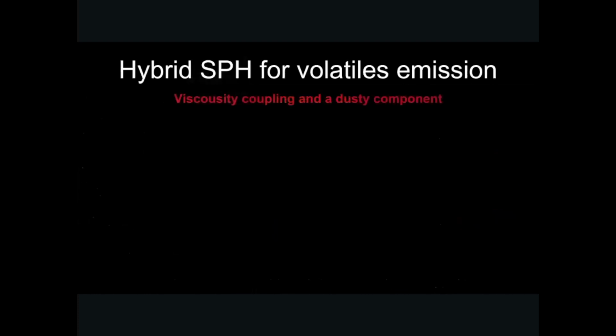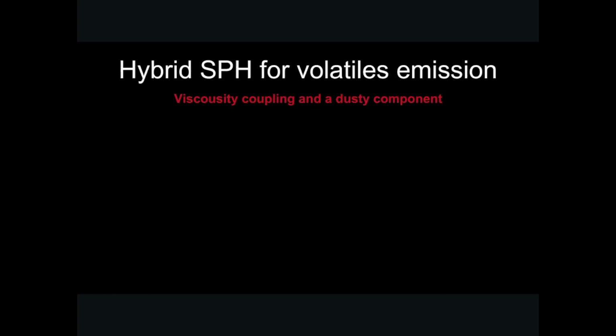And finally, at least for the moment, there is the viscosity coupling and a possible dust component. Generally speaking, it is the interaction between a solid component, where solid means microscopic solid particles like icy grains, and a vapor component. So there is this viscosity that allows the vapor to transfer part of its momentum to the icy grains or the dusty component, and can accelerate it.